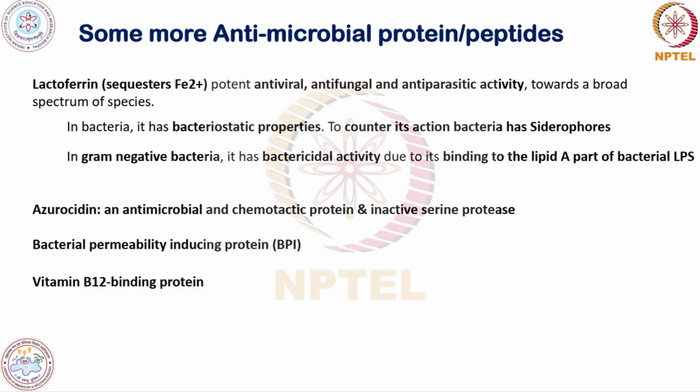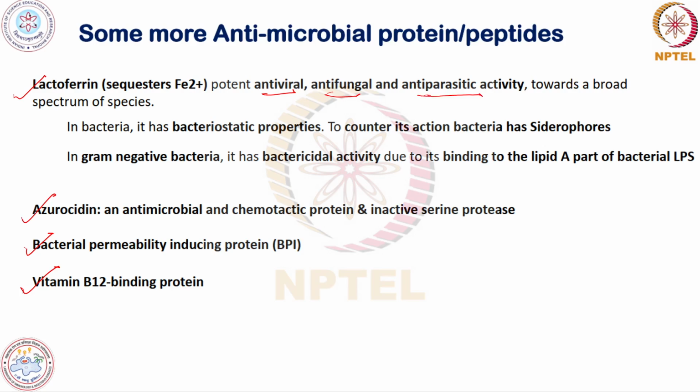There are some more antimicrobial peptides like lactoferrin, azurocidin, and BPI, that is bacterial permeability inducing protein. There are many other antimicrobial peptides which are responsible for killing viral, fungal, and parasitic pathogens.